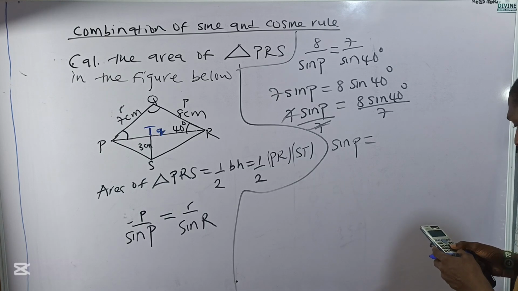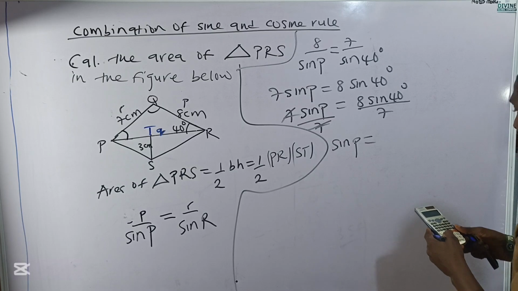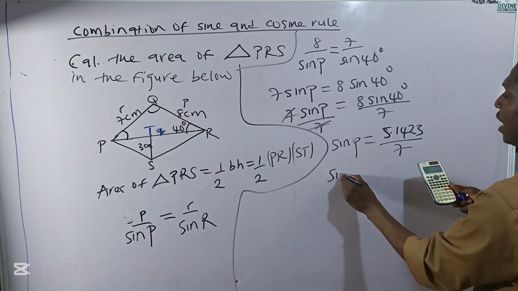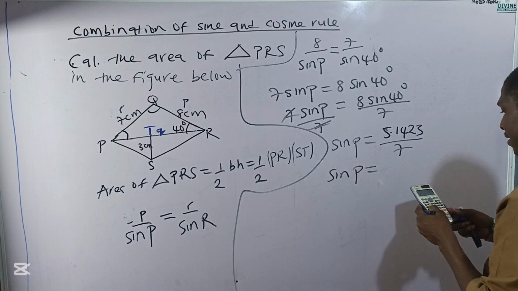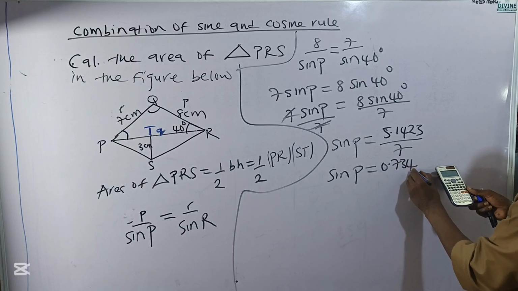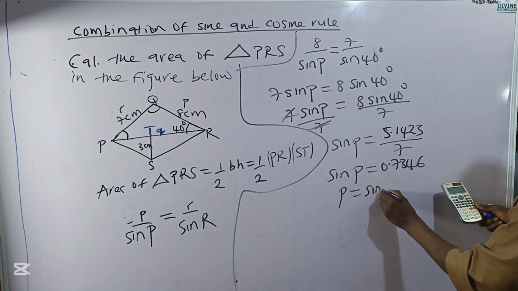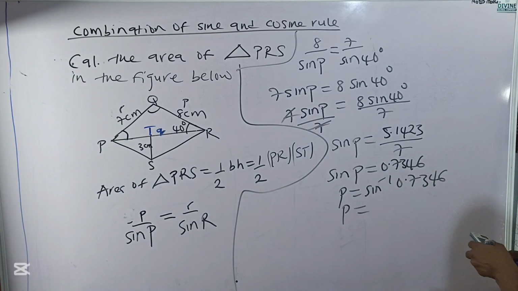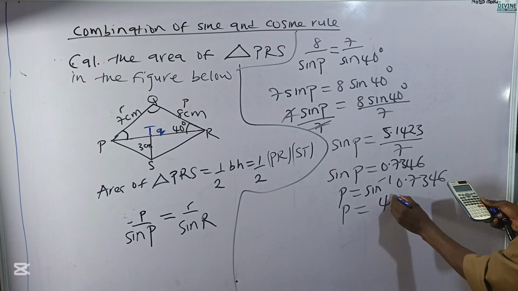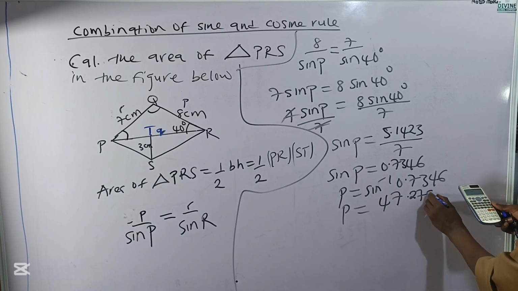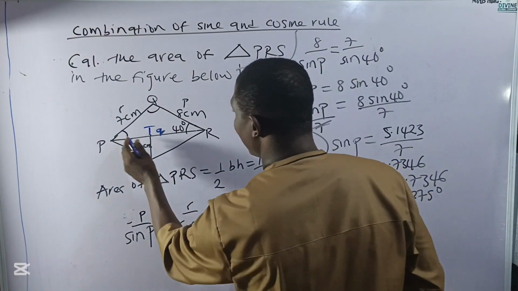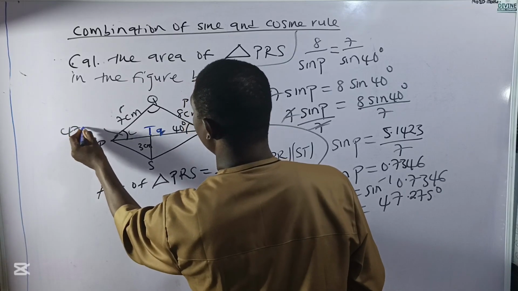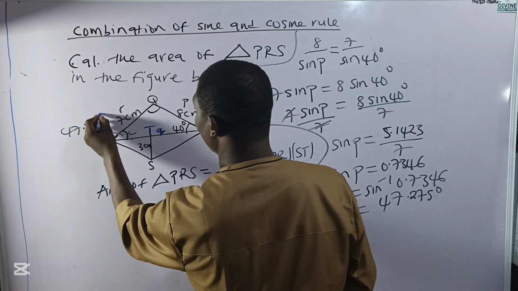And I'll have sine P equal to 8 sine 40 degrees, which gives me 5.1423 all over 7. Divided by 7, I will have sine P equal to 0.7346. And angle P will be equal to sine inverse of 0.7346. P will be equal to shift sine answer, giving me angle P to be 47.275 degrees.